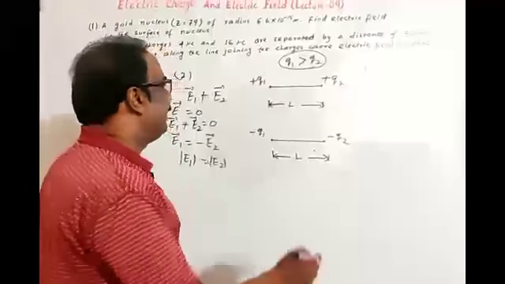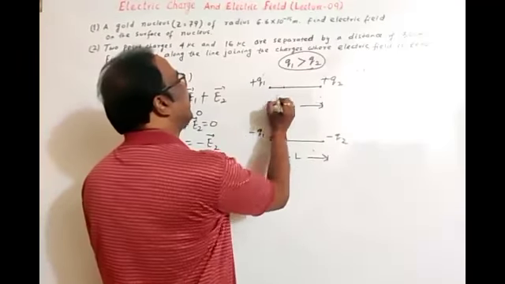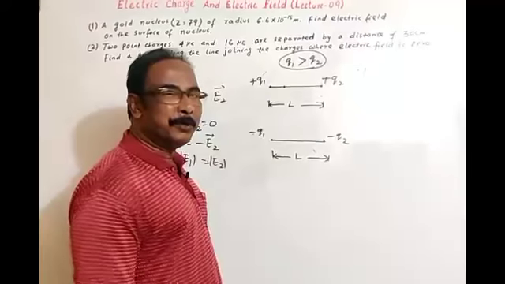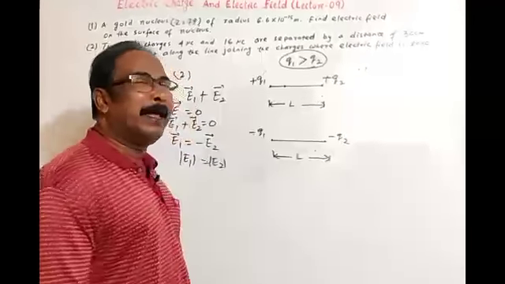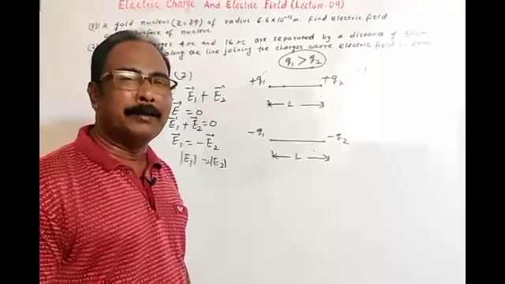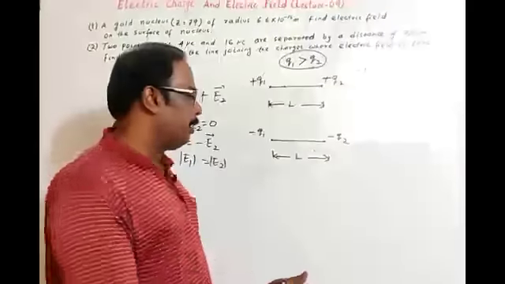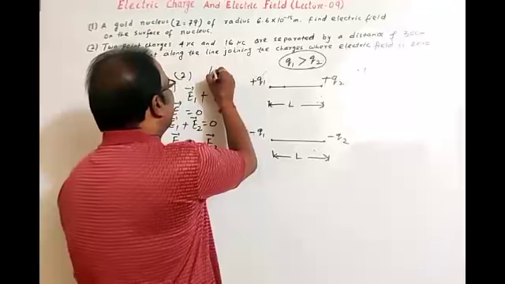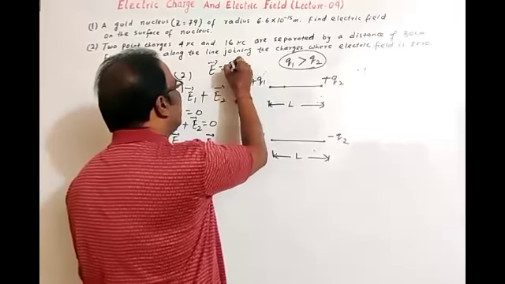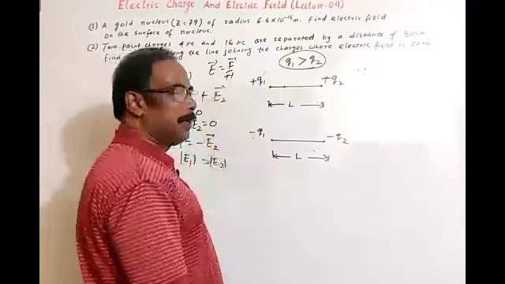How? Let's consider this point where the resultant field intensity is 0. As per principle, where we have to find electric field intensity, we have to place a unit positive charge at that point, since electric field intensity is force per unit positive charge.